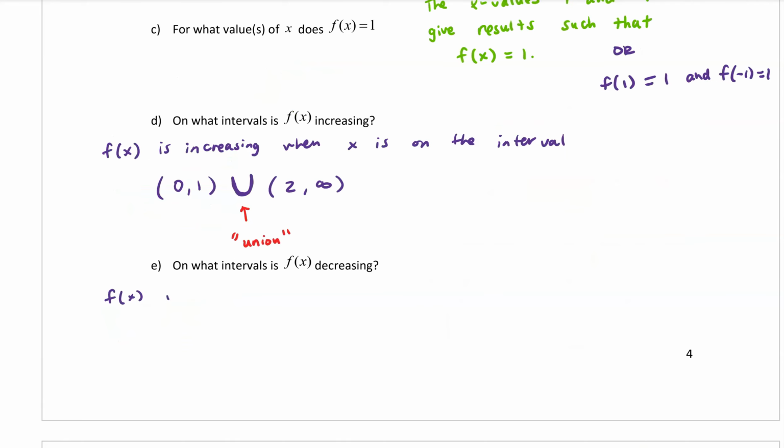So I'm going to write f of x is decreasing when x is on the interval. Remember that it was everywhere before 0, so negative infinity to 0 like that. So that is our answer for part E.